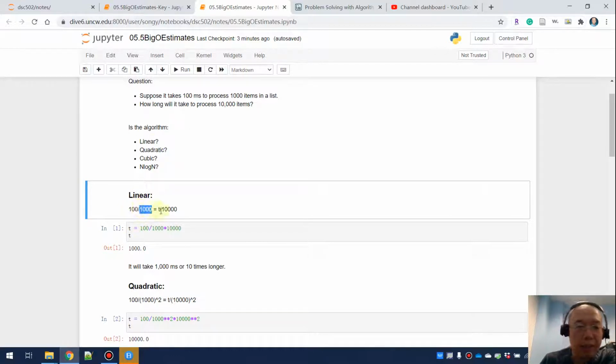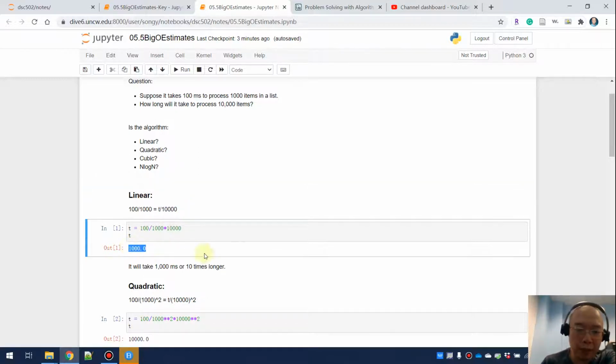And then we want to get the t for the 10,000 items, or 10,000 primitive steps. If we have 10 times the dataset, then we have to take 10 times the original running time. So not so bad, right?